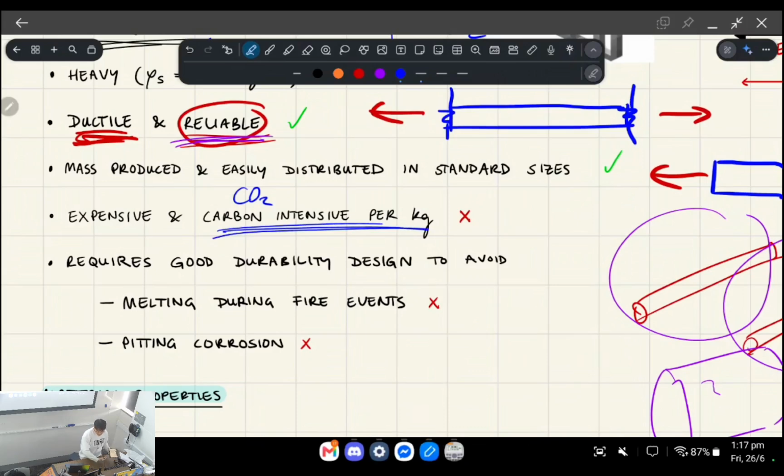As I mentioned last week, we use up concrete the most out of any material other than water in the world by volume, but per ton, it doesn't cost as much CO2 as steel. Okay, so we use less steel, but the steel has more embodied carbon. Okay.